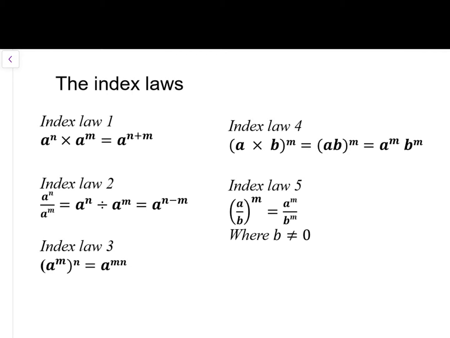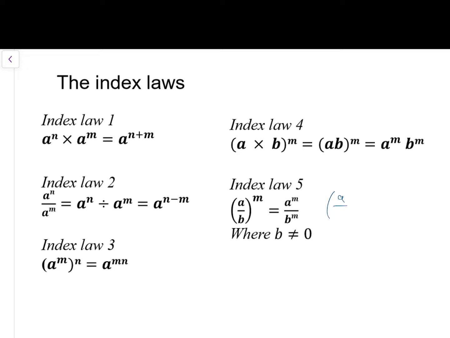Index law 5 says a base of a power consisting of a fraction can be expressed as the numerator and the denominator raised individually to the same index. So just like with multiplication, division works the same way. We could say that a over b to the power of m is the same as a to the power of m divided by b to the power of m.